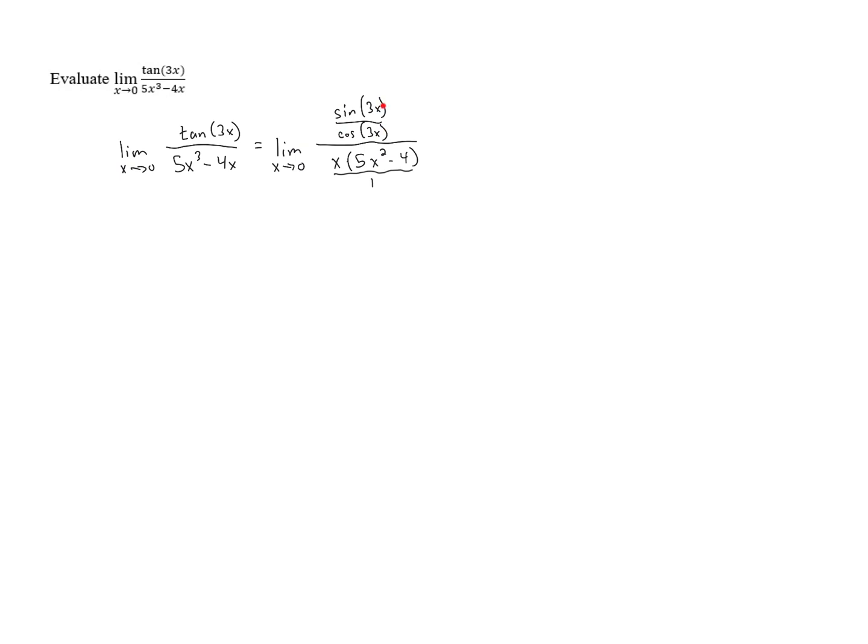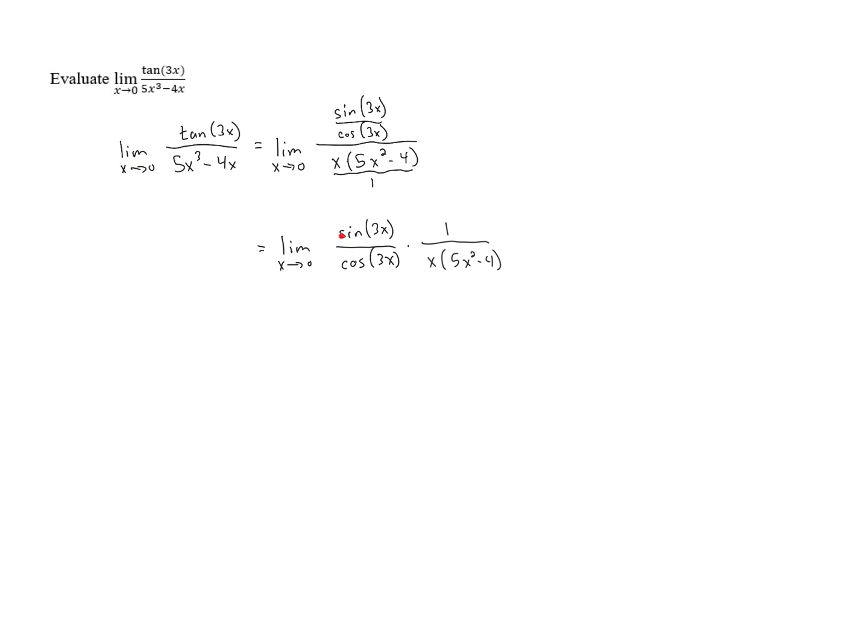And so we've got a fraction divided by a fraction, which means that we can just multiply by the reciprocal. So we can rewrite this as the limit as x approaches 0 of sine of 3x over cosine of 3x times the reciprocal of this fraction down here. So that's going to be times 1 over x times 5x squared minus 4.